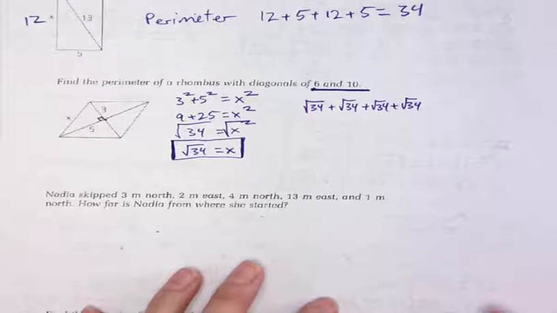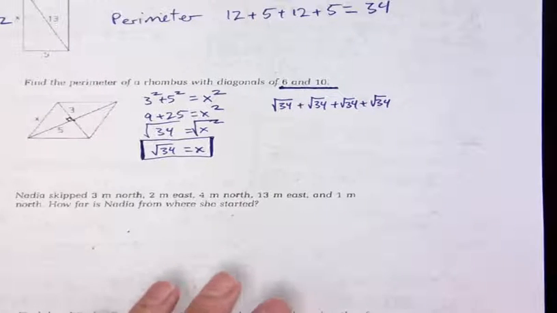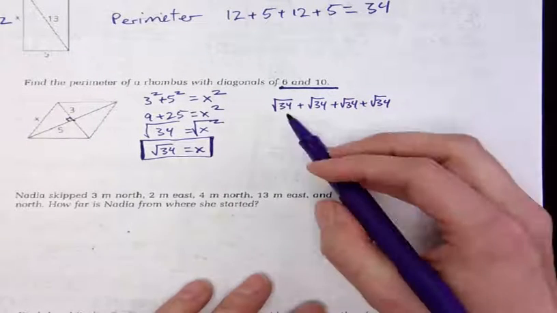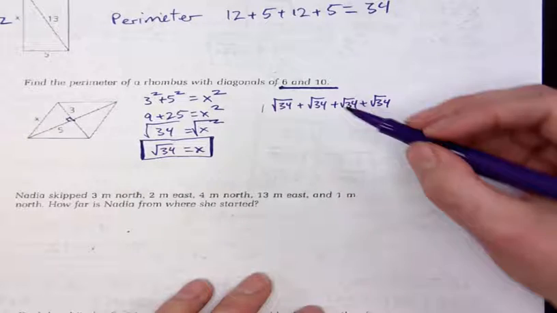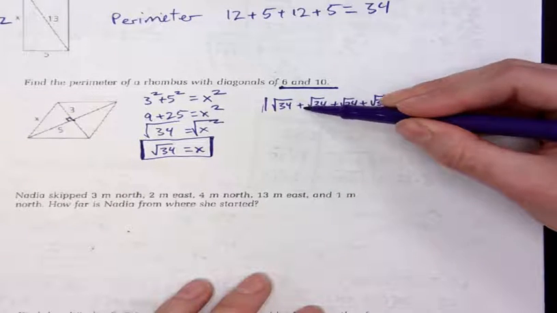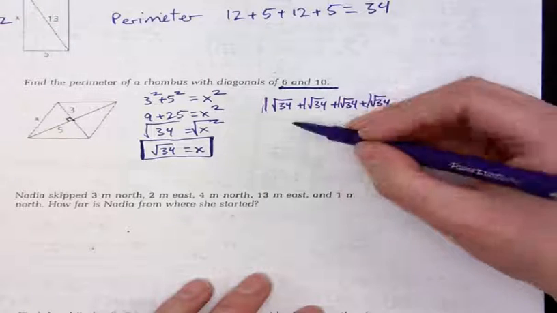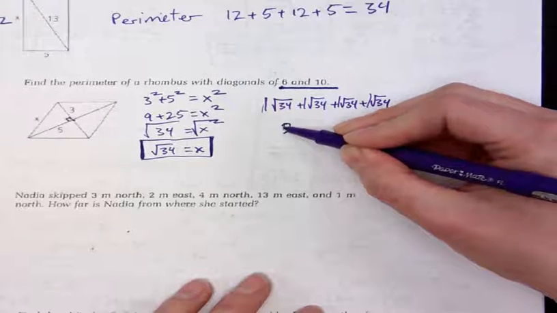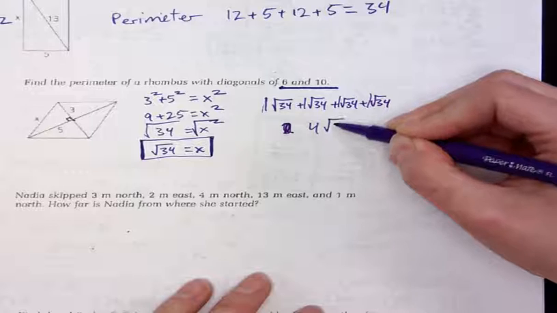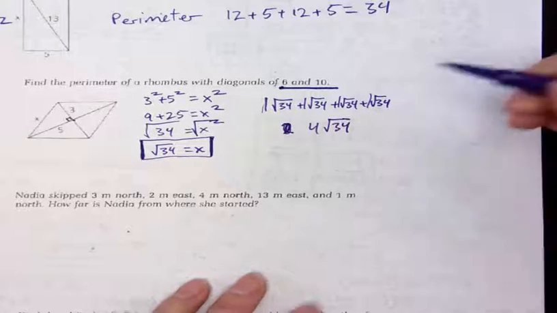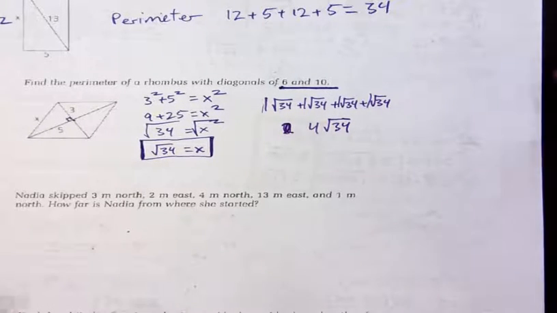And so when we're adding radicals, what do we add? Do we add the 34s, or do we add the invisible one at the beginning of each? Yeah, it's an invisible one. And so this just becomes 4 root 34. Or we could take root 34 times 4.